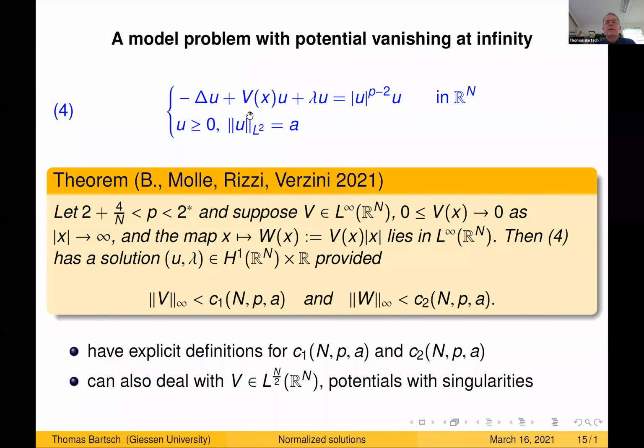So we just add the potential V of x times u, and I consider the case that V of x vanishes at infinity. So V is in L infinity of Rn. I just take the pure power here with p being mass supercritical and Sobolev subcritical, and assume that V is positive and converges towards 0 as the norm of x goes to infinity.